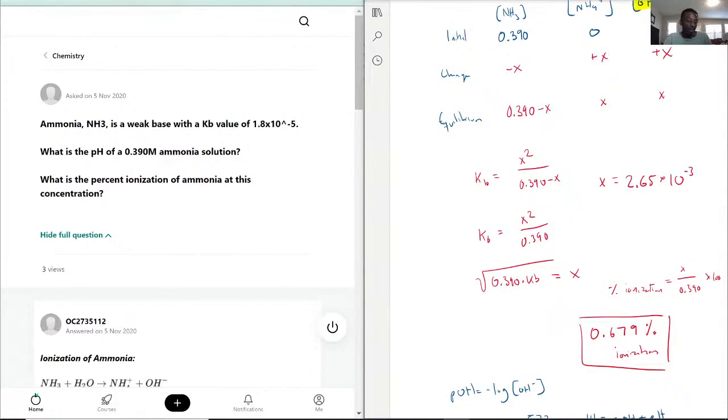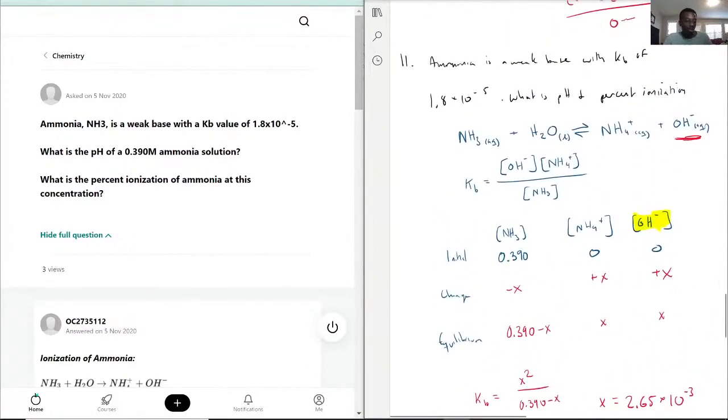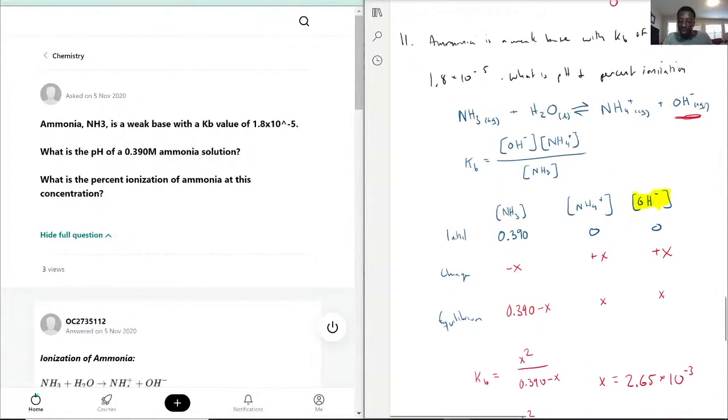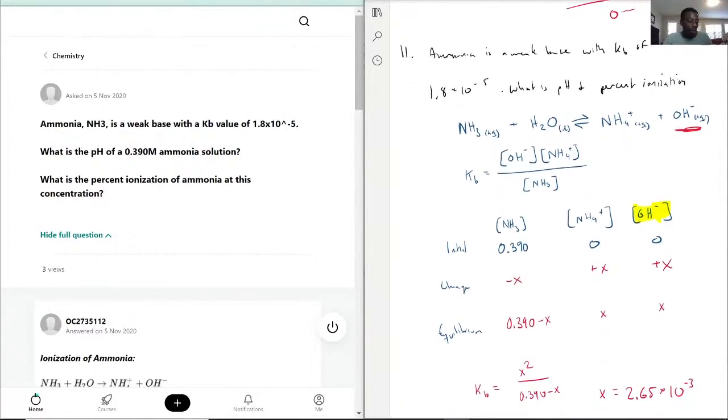So what we have first is the 1.8 times 10 to the negative 5 squared, and it's going to be plus 4 times 1 times C. In this case, the C would be the 1.8 times 10 to the negative 5 times the concentration that was given to us, which was 0.390.